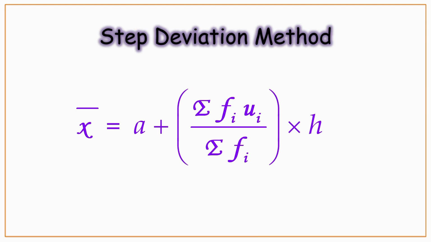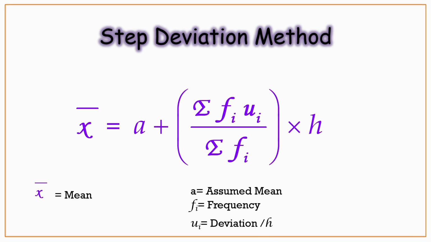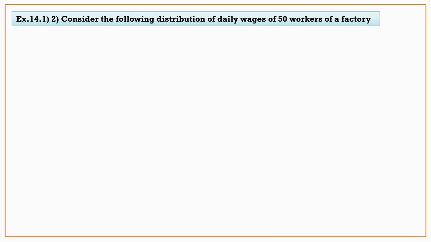So let us understand what u is. Here x bar is the mean, a is the assumed mean, fi is the frequency, and ui is the deviation divided by the class width, that is h. Okay, so now let's apply this formula and let us solve some problems.